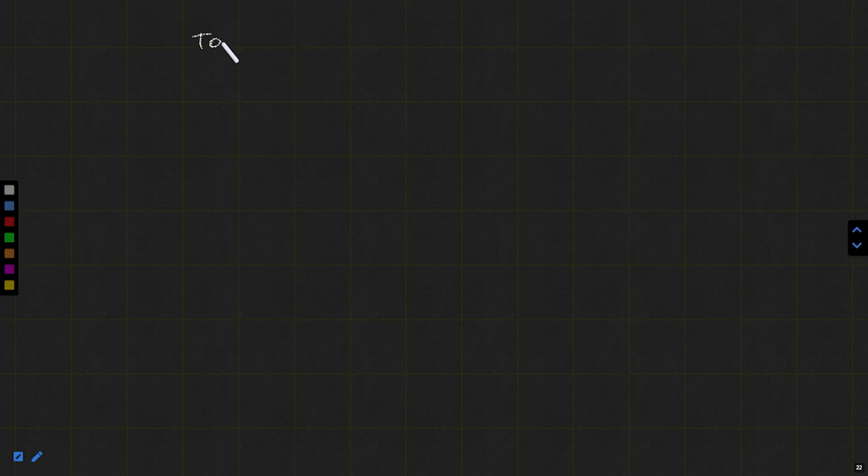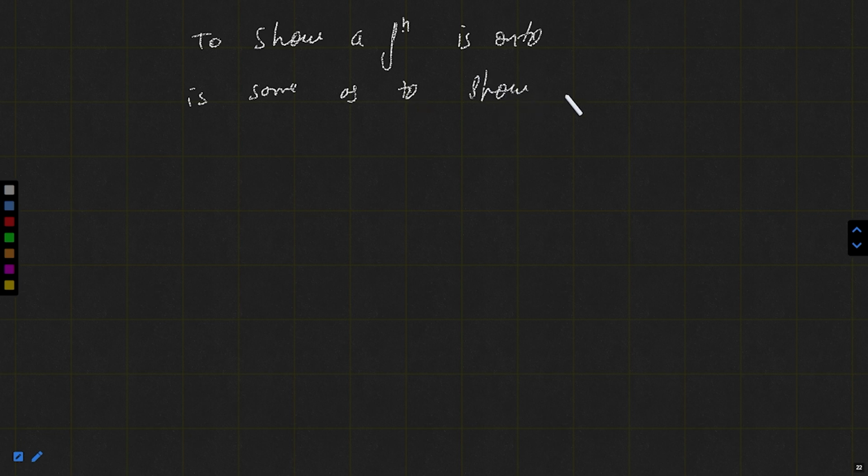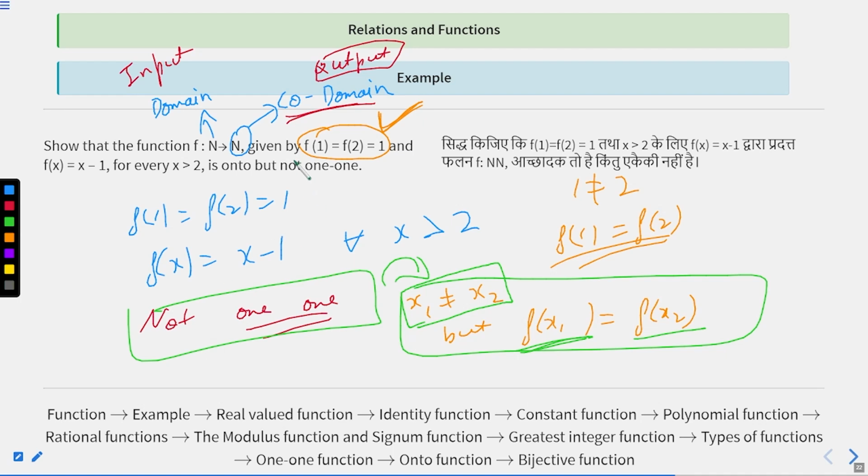To show a function is onto is the same as showing that the range set is equal to the codomain set. How are we going to show that? Quite easy.